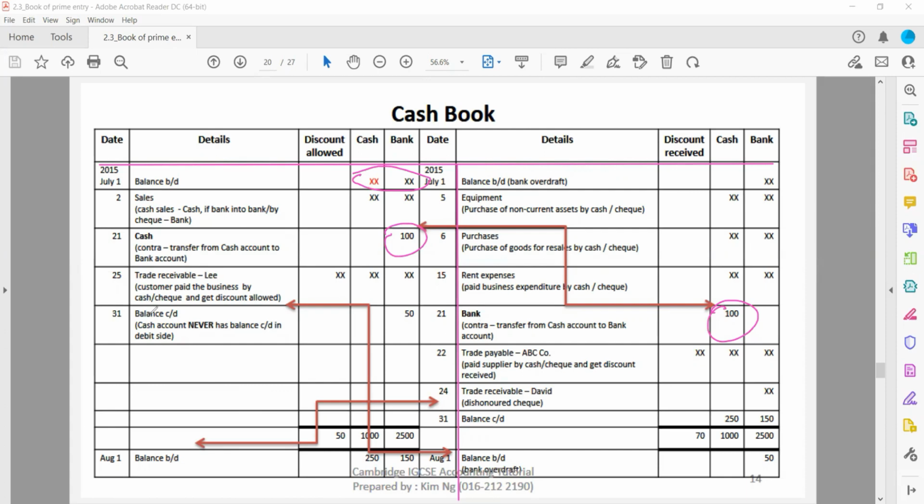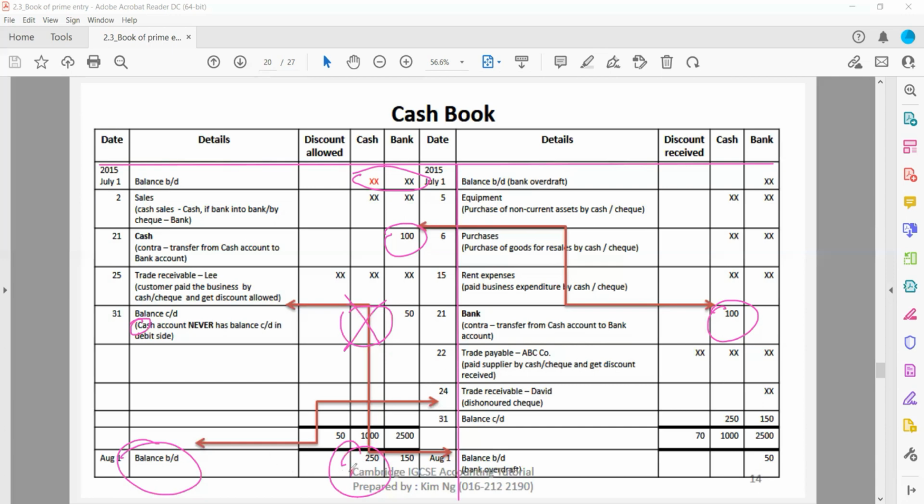And coming to the balance carried down, which I need to highlight. Balance carried down for the cash account can never be on the debit side, because we cannot have an overdraft for the cash. Cash balance brought down must be on the debit side only.